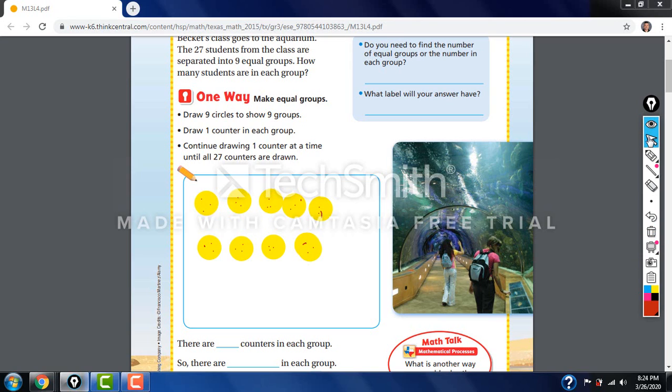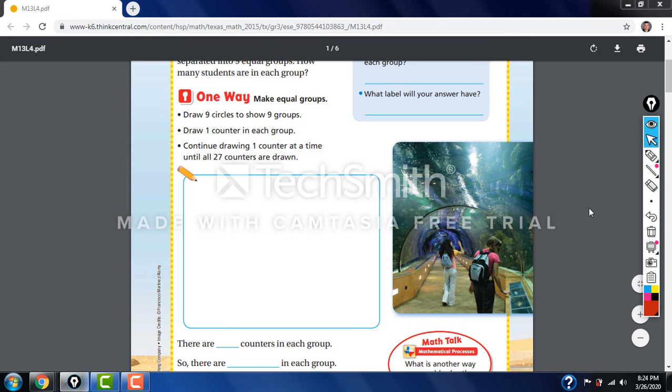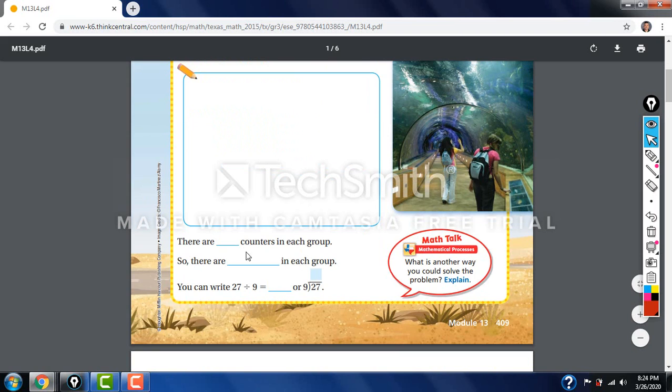Welcome back. So how many counters are in each group? I'm looking right here. Your number is 3. So there are 3 in each group.